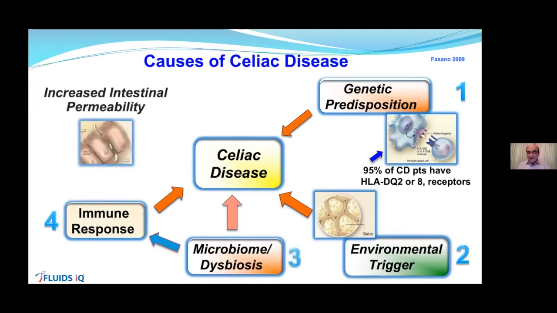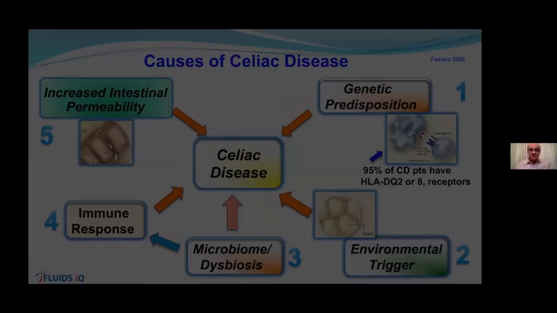And that will create increased intestinal permeability, in some cases very, very dramatic increases in intestinal permeability, which creates not just the intestinal problems, but the problems that celiac sufferers have throughout their body. It is a generalized problem of the whole body, but it starts in the gut.